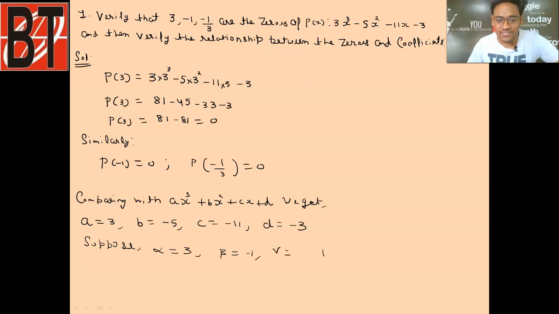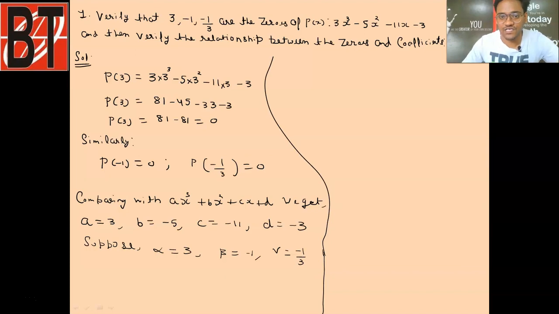And suppose gamma is minus 1 by 3. So we have to verify the relationship. Let's just verify the first relationship, that is alpha plus beta plus gamma. So let's just calculate alpha plus beta plus gamma.